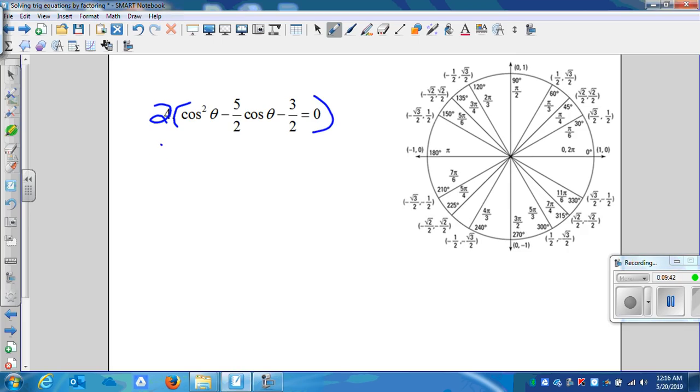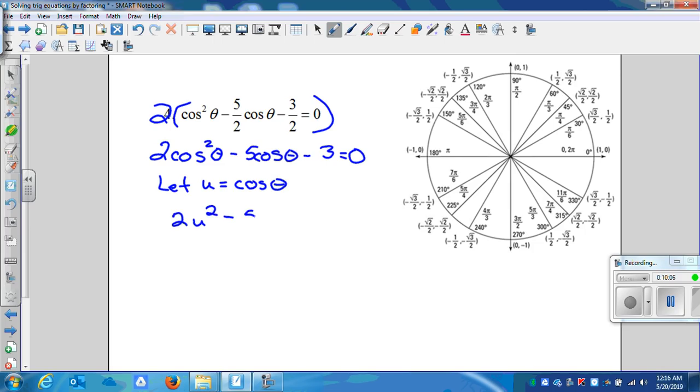So I have 2 cosine squared theta minus 5 cosine theta minus 3 equals 0. I'm going to use u substitution, so I'm going to let u equal cosine theta. So I'm going to have 2u squared minus 5u minus 3 equals 0.